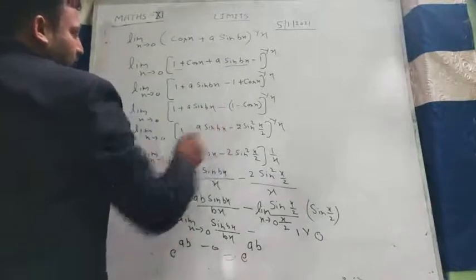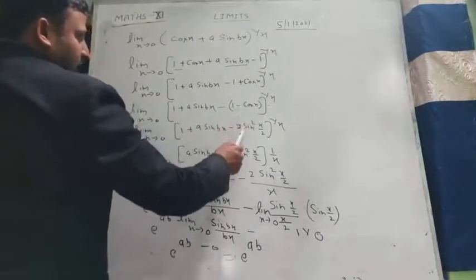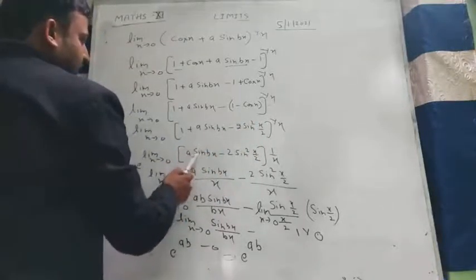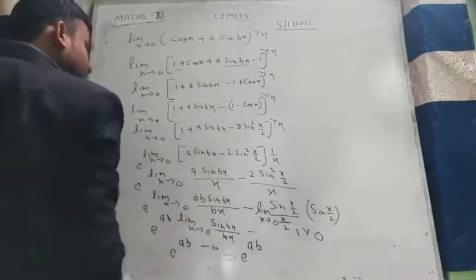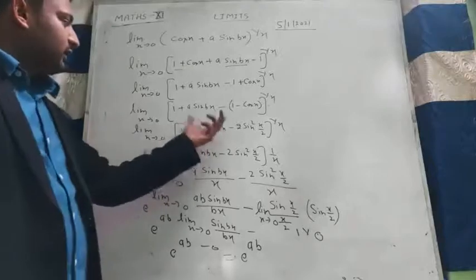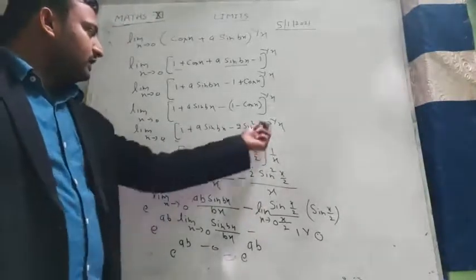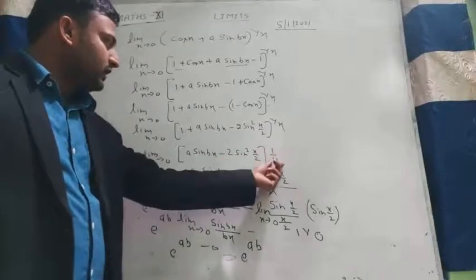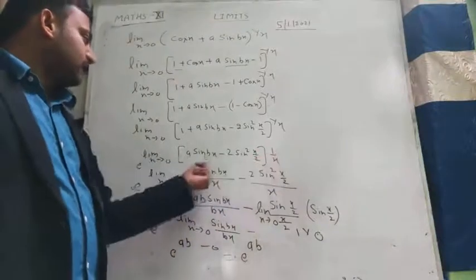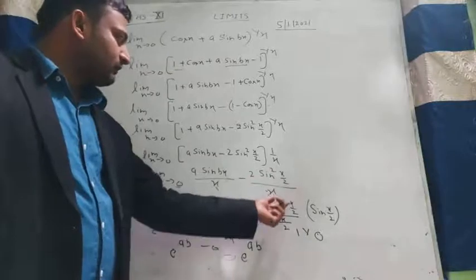Now taking negative sign outside, we are seeing that 1 minus cos x can be written as 2 sin square x by 2 to the whole power 1 by x, and this is a sin bx, and minus, we are changing this fx minus 1, so this 1 and 1 will reduce and we get fx minus 1 into gx. Gx is 1 by x, so we'll write 1 by x. Now sending inside, we get a sin bx by x and minus 2 sin square x by 2 by x.